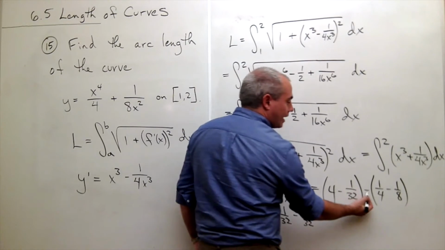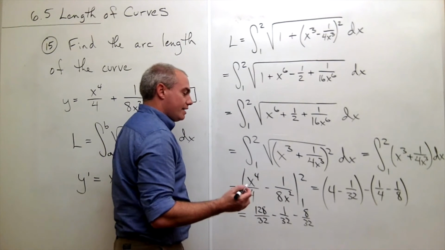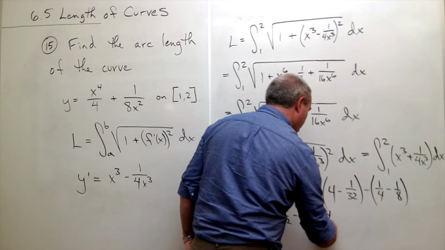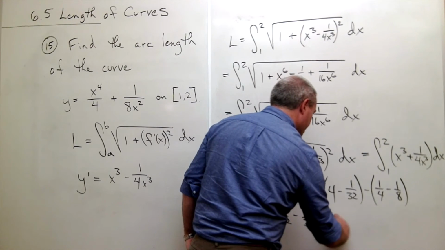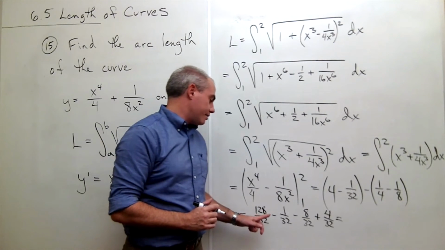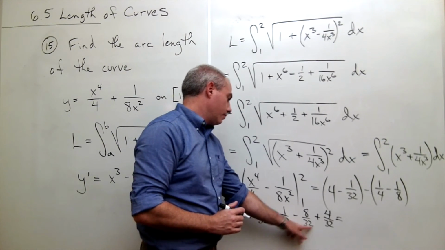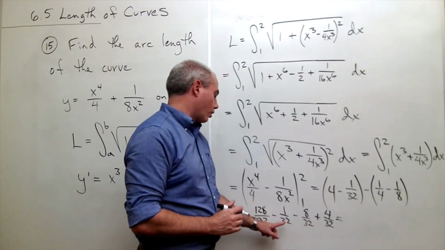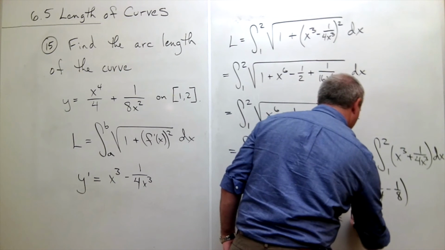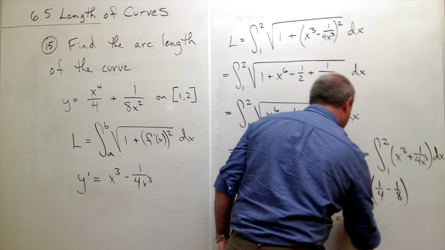And then minus times minus is plus, so I get plus an 8th, which is the same as plus 4 over 32. Let's add all those together. I get 128 minus 8, which is 120, plus 4, which is 124, minus 1 is 123 over 32.